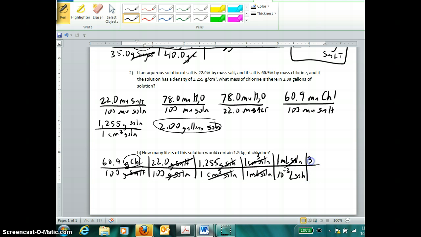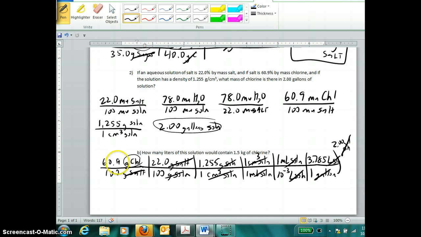And 3.785 metric liters equal a gallon. So now all I have to do is cancel gallons. And that can be easily accomplished using the 2 gallons. I would have to do it down here or just kind of squeeze it in here. 2.00 gallons solution cancels from up here and down there.